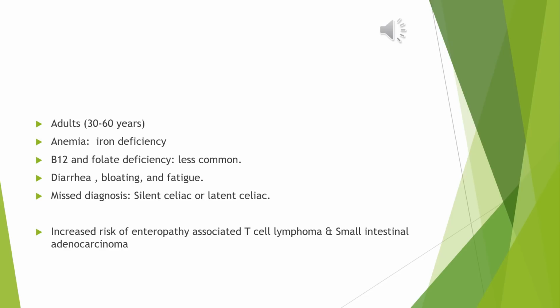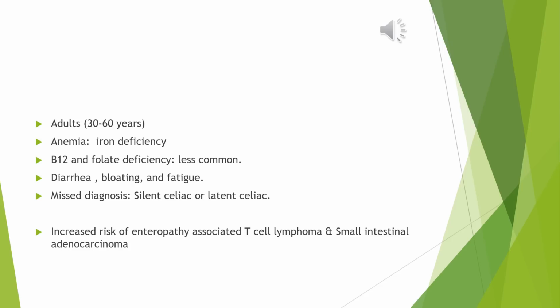The main classical symptoms in an adult are abdominal gaseous distension, weight loss, muscle wasting, diarrhea or steatorrhea, bloating, and fatigability, usually due to the iron deficiency anemia.